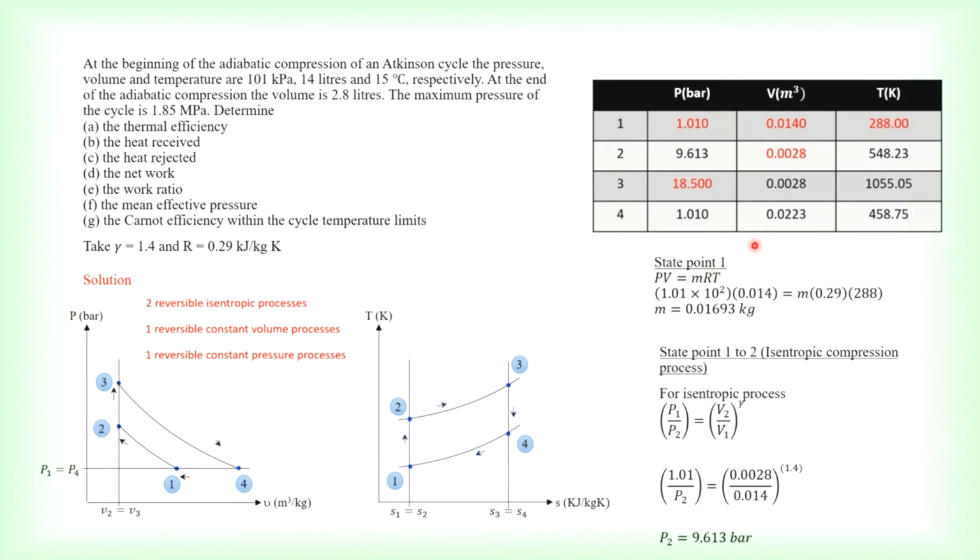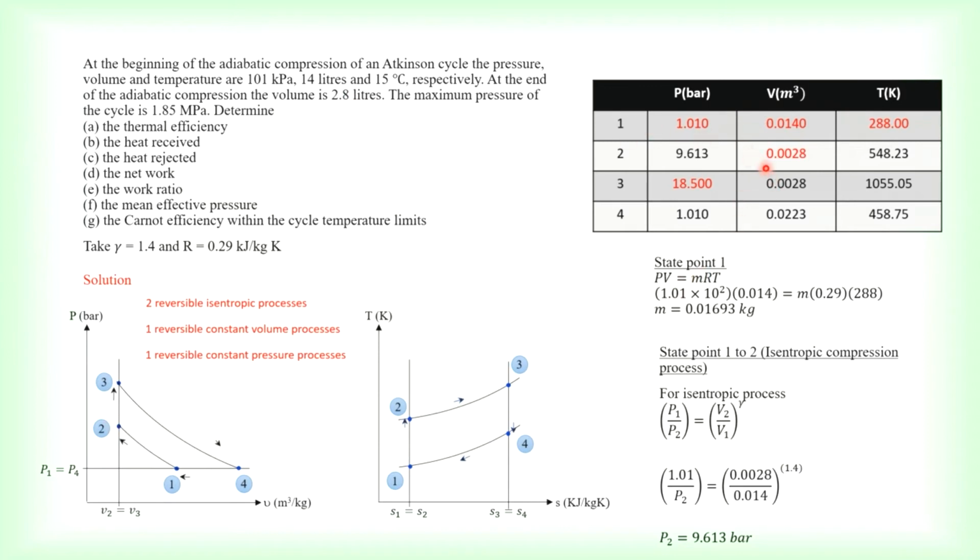Now we know the volume at point 2 as well, because they say at the end of the adiabatic compression. This is the adiabatic compression. So at the end, that means your point 2 is here. So at the end, that means V2.